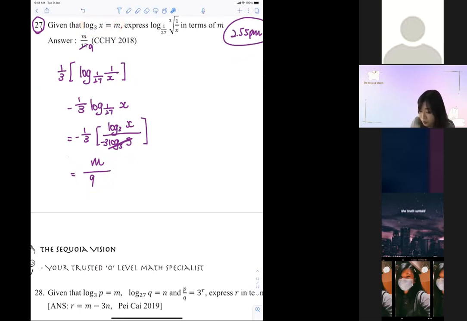That's the answer. Yeah, the answer is m/9, not 12. Okay, the answer is m/9. But LB, your working is a bit short.